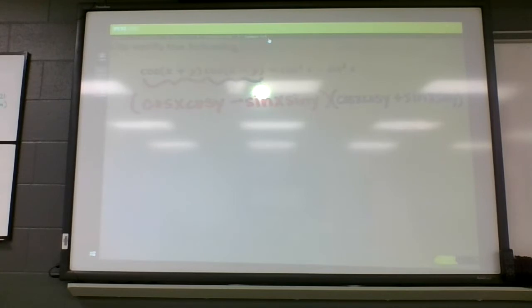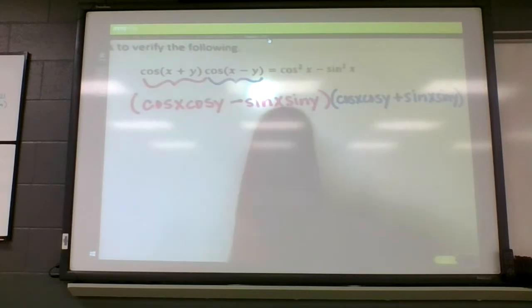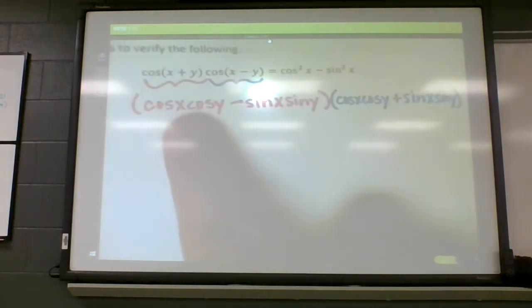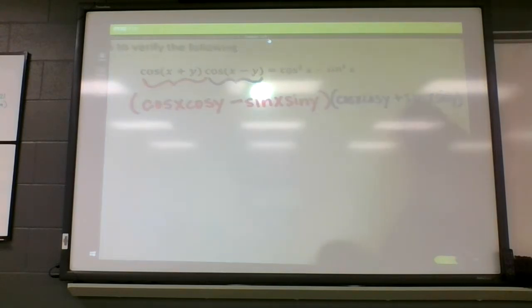Now distribute. Because of the multiplication, you technically have something minus something times something plus something. For example, if it was x minus 2 and x plus 2, you'd have to distribute that out. But before you go crazy distributing, there is something fancy happening here. Anybody see it? It's a difference of squares.